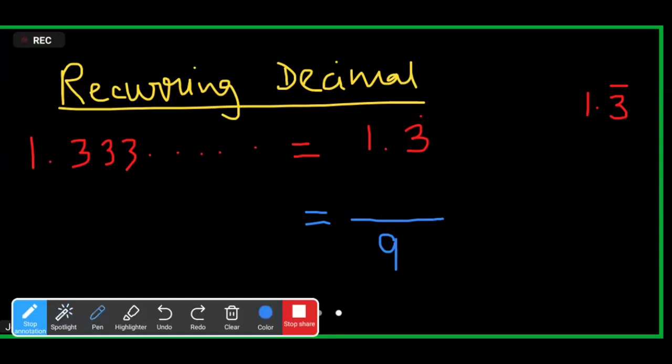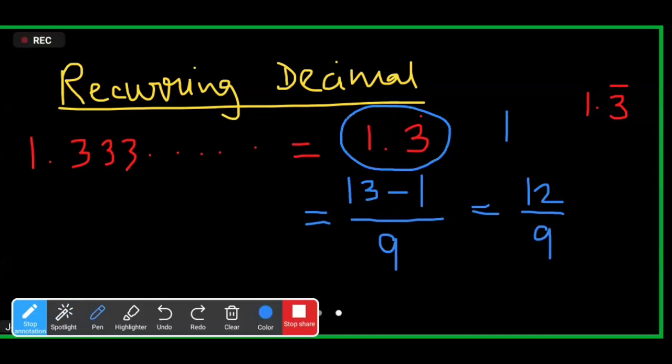Now for the numerator, we write the number without the recurring and without the decimal, so 13. Then we take away the number that doesn't have any recurring. In this case, 1 doesn't have any recurring, so we subtract 13 minus 1. Our number is 12 by 9. So 1.3 dot is a rational number because we can write it in the form of p by q.